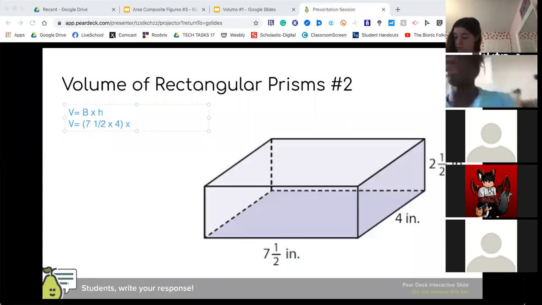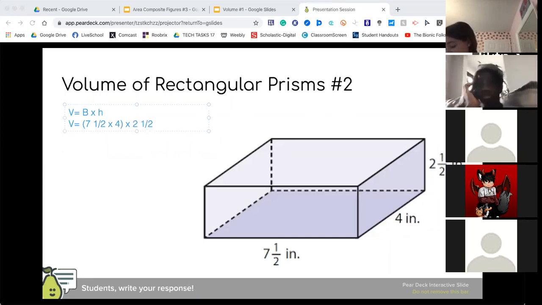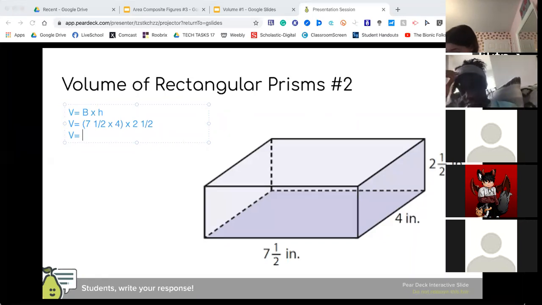Now, if you weren't sure on this one, here's what it actually is. Okay, Graham, will you tell me what you got on your answer?